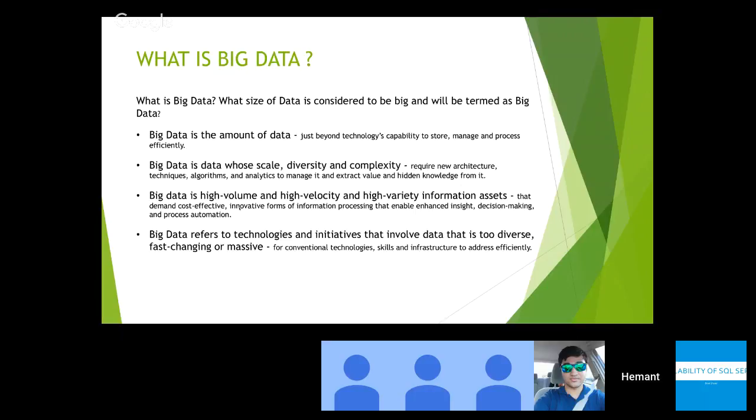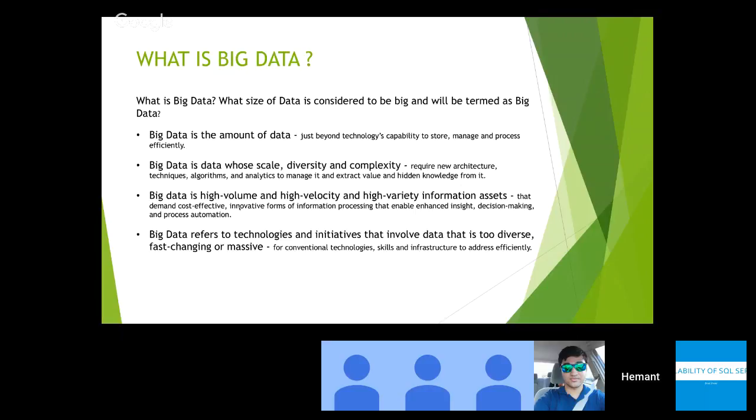Different types of data, from videos like YouTube, photographs, and IoT producing data. And the complexity is in the sense that when we want to do some analytics on that data, it becomes really complex, and then we need a new architecture and techniques around it.